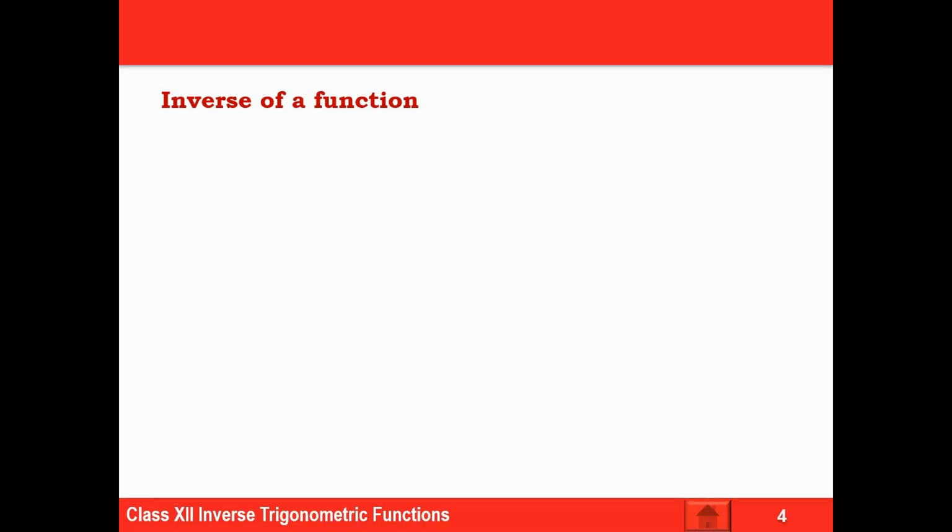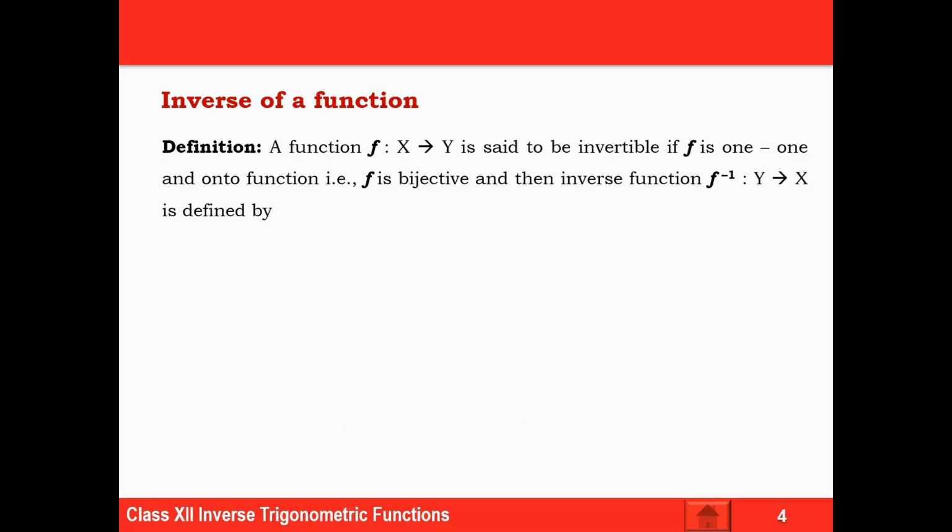Now what is the meaning of the inverse of a function? Suppose f is a function from set x to set y. It is invertible only if it is one-one and onto both, or we can call it a bijective function. The inverse function is represented as f inverse, from y to x.